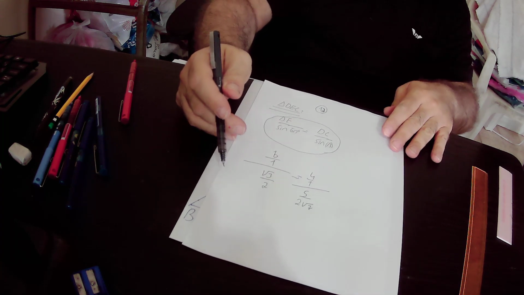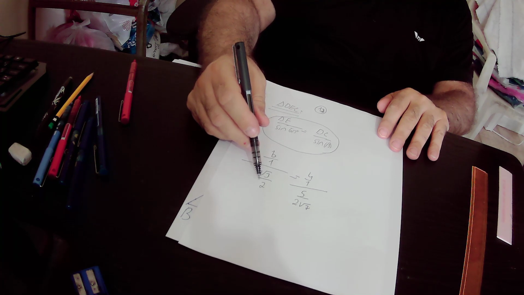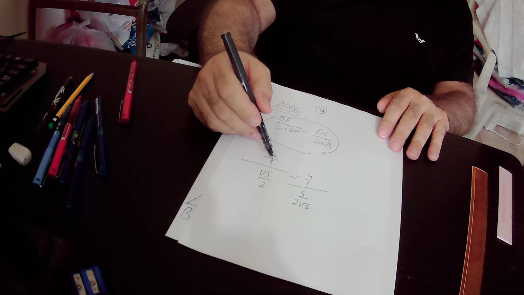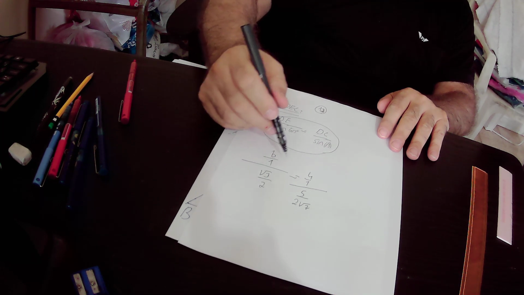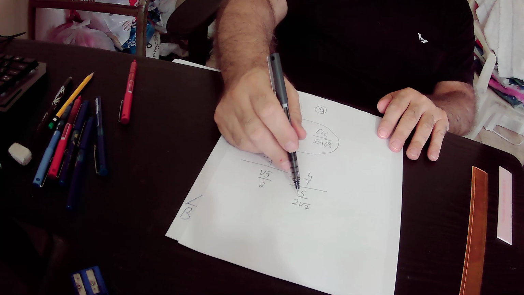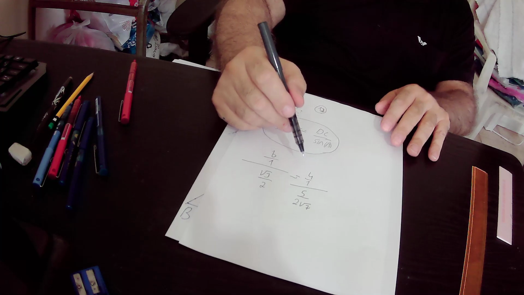Here, in this side of the equation, we will move 2 to the numerator and root 3 to the denominator. In the other side of the equation, we will move 2 times root 7 to the numerator and 5 to the denominator.